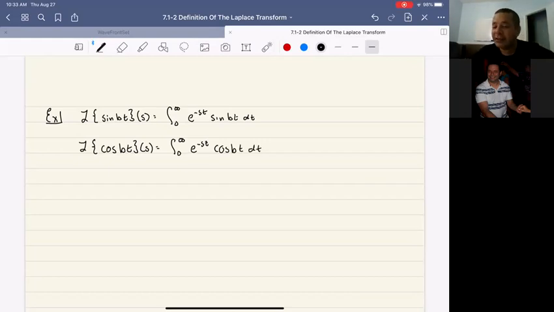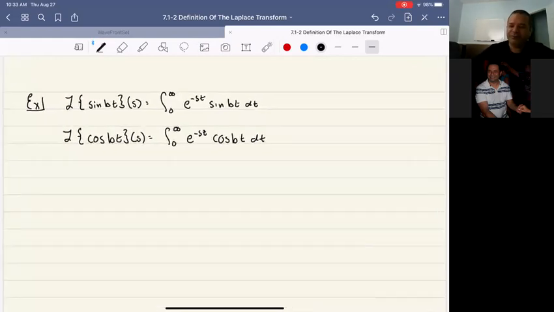It's going to use Euler's formula. Do you remember Euler's formula? Euler's formula was e to the i, in this case bt, is cosine bt plus i sine bt.